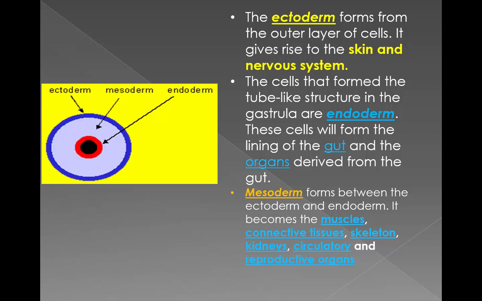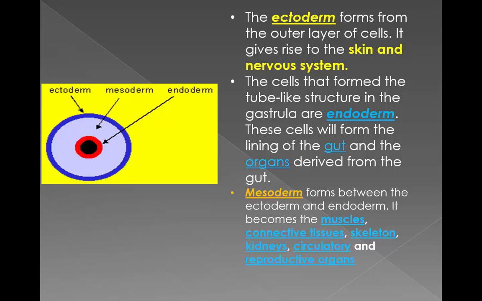So the ectoderm, ecto means outside, derm is skin, so it's the outer layer, and it gives rise to the skin and the nervous system of the animal, and that's what you see in blue. Then you've got the endoderm that you see in red. Endo means inside, derm, skin.